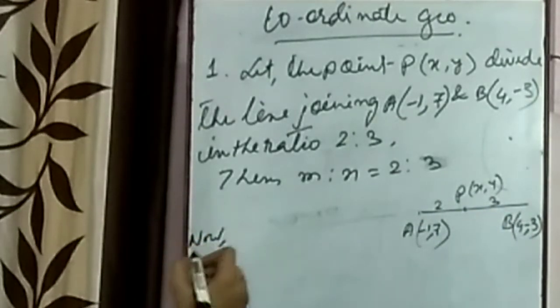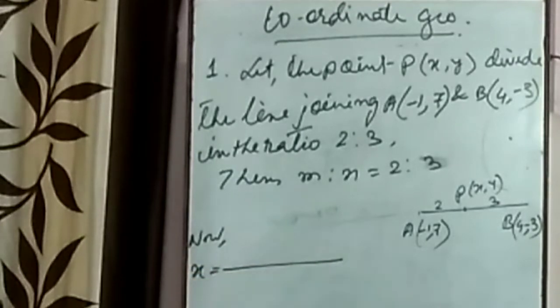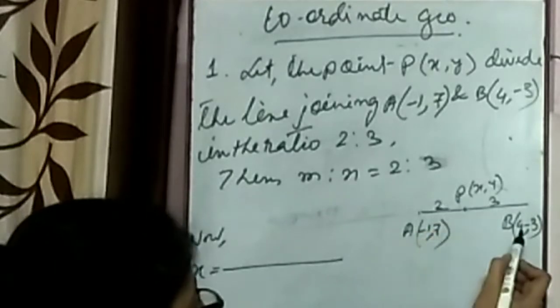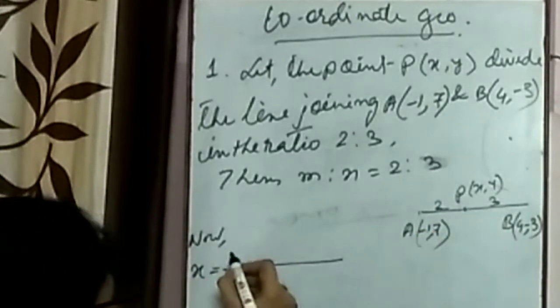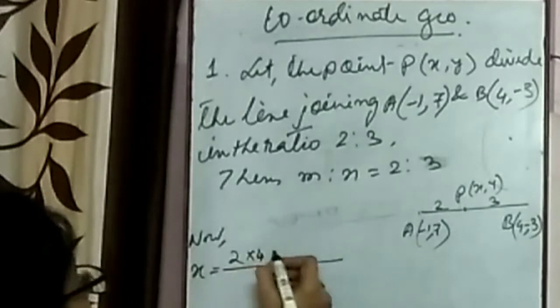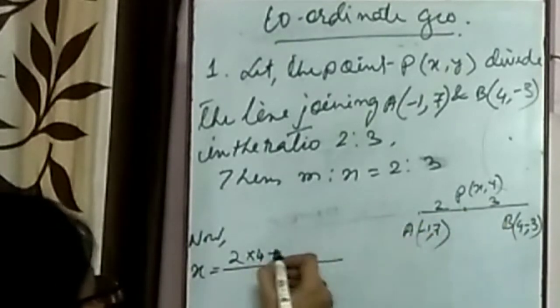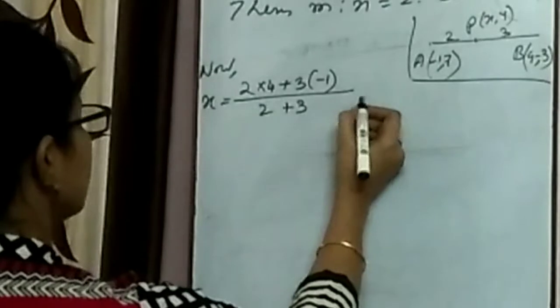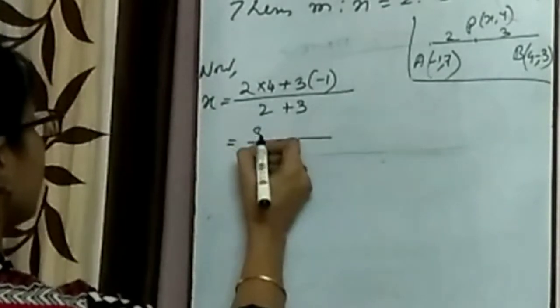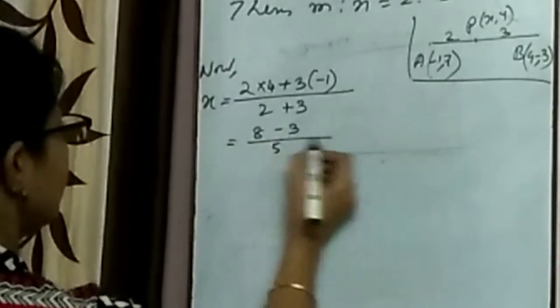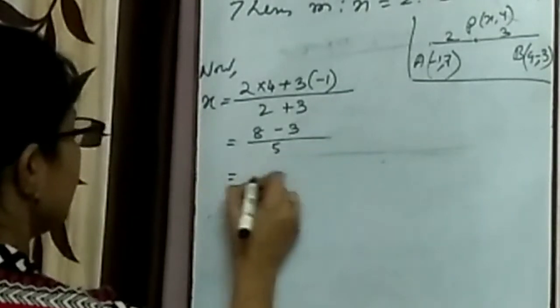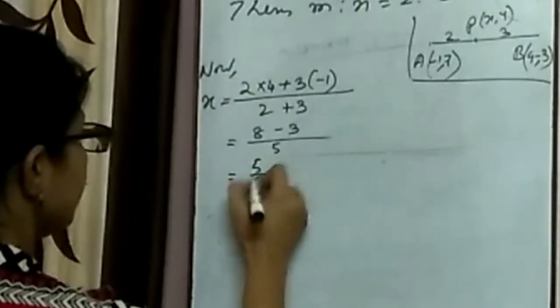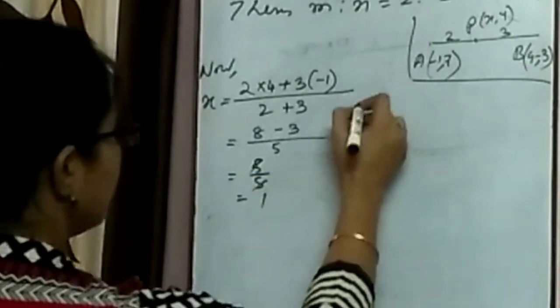Now for finding the coordinate, what is the method? By this you multiply it and by this multiply it. 2 into 4 plus 3 into -1 over 2 plus 3. So it will give you 8 minus 3 over 5, so 5 by 5. So cancel, it comes 1.